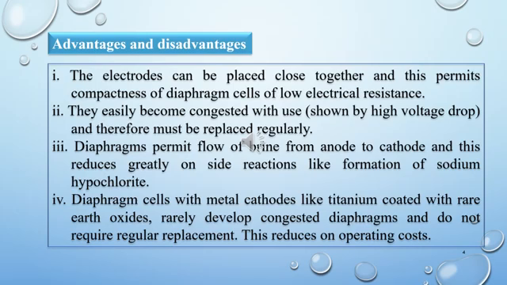How can we get rid of that regular replacement? If we use electrodes of titanium which are coated with rare earth oxide metals, then they will not become congested easily, and we will get rid of that regular replacement.